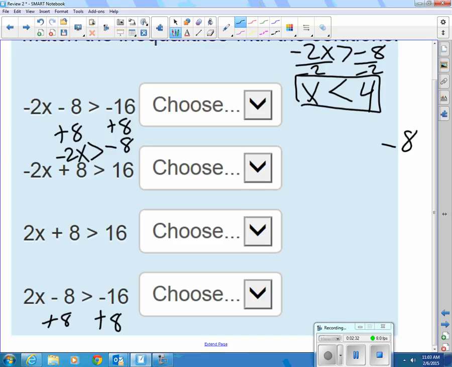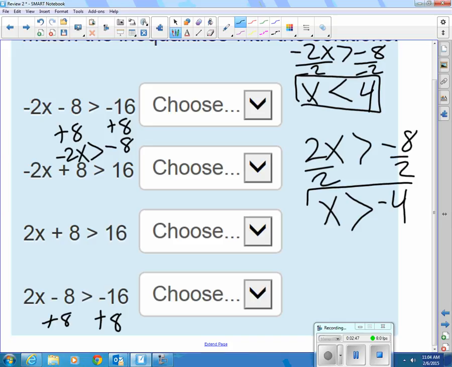And then we have 2x, and it says greater than. So if I divide by 2, then the inequality symbol stays the same because I divided by a positive. A negative 8 divided by a positive 2 is a negative 4. So find that one in that list, and that would be for this one.